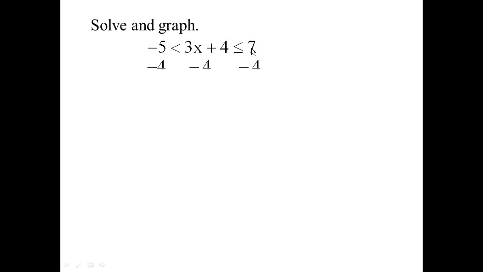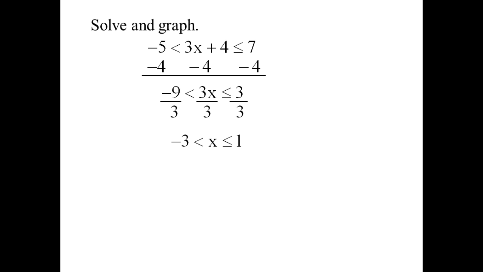Subtract 4 from all sides, or left, center, and right side. Okay, good. Negative 5 minus 4? Negative 5 minus 4 is negative 9. I know arithmetic. Divide all sides by 3. There we go. So our answer, all the numbers between negative 3 and 1.